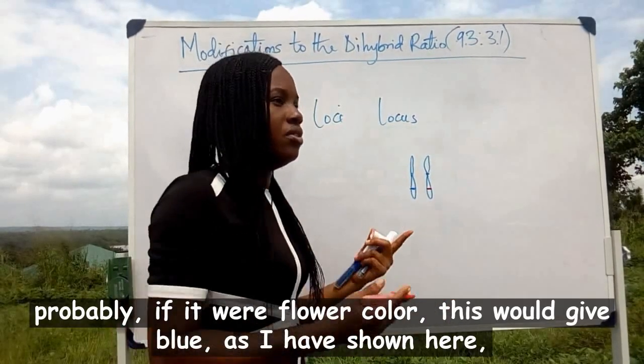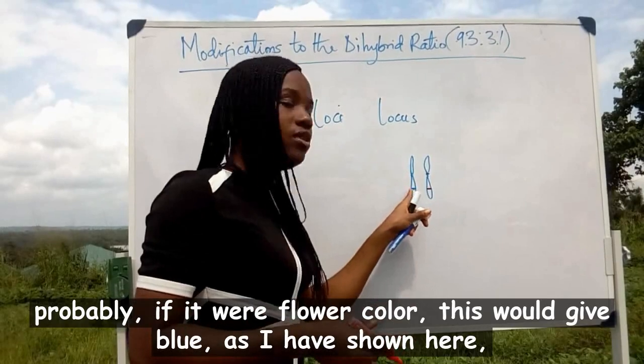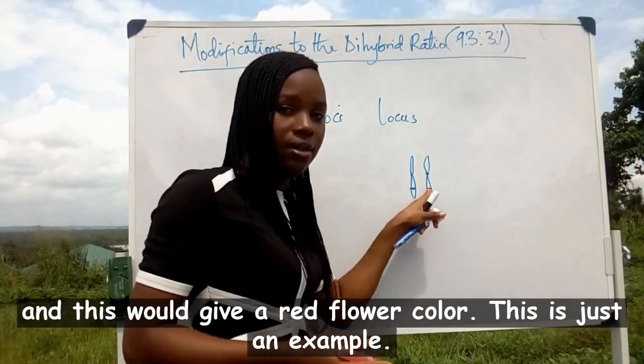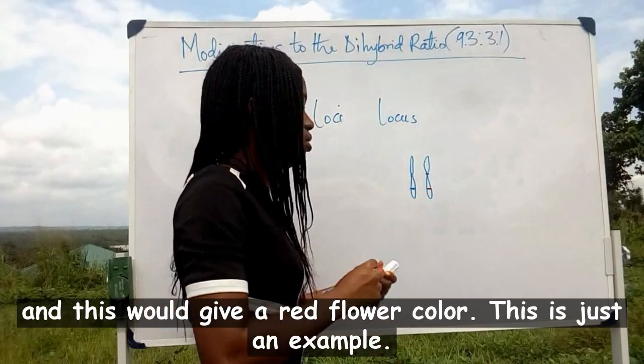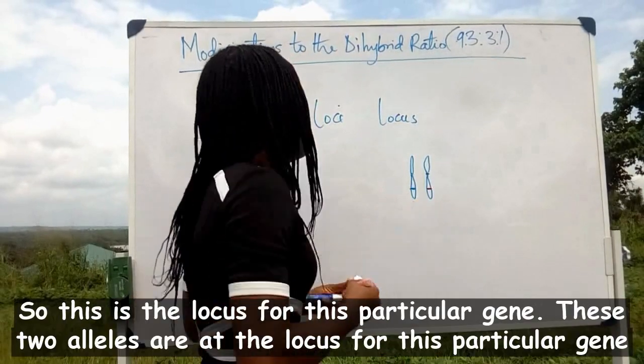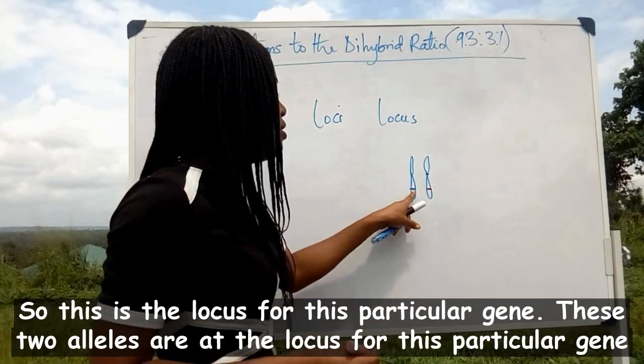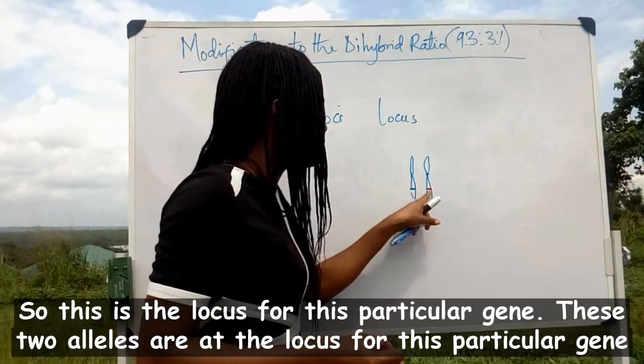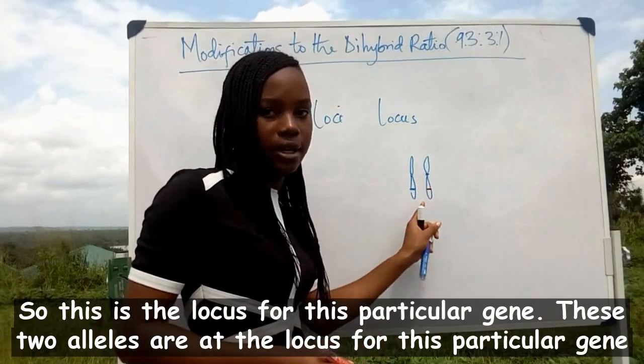Probably if it were a flower color, this would give blue, as I've put here, and this would give red flower color. So just an example. So this is the locus for this particular gene. These two are the loci for this particular singular gene.